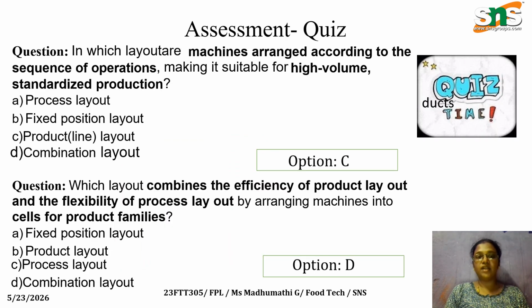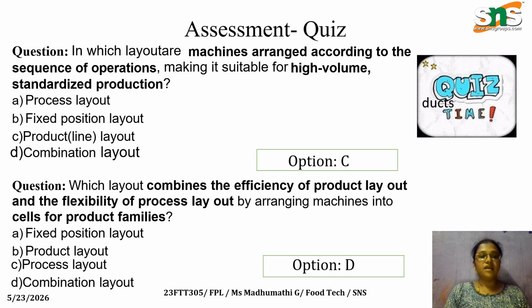With this we can have a small assessment quiz. In which layout are the machines arranged according to the sequence of operations, more suitable for high volume standardized production?